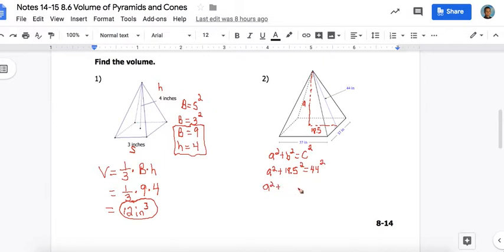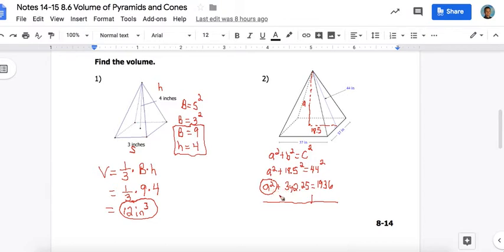Now 18.5 squared is 342.25. And that's going to equal 44 squared, which is 1,936. I'm going to circle my variable, draw my t.